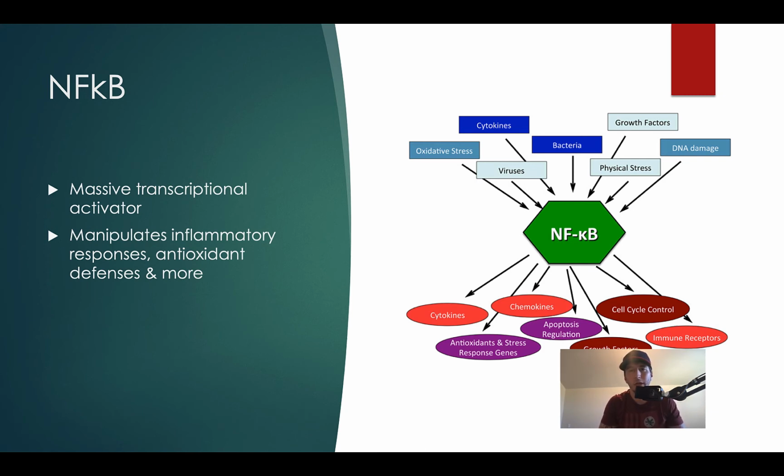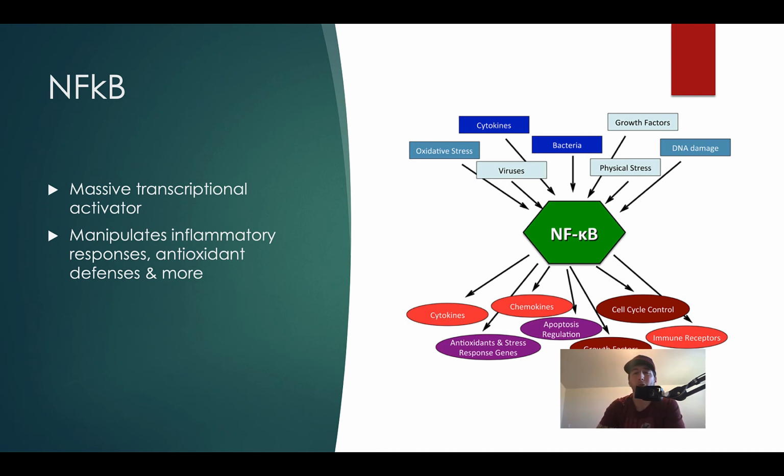This is going to be the mecca, right? So as you increase activation of NF-kappa B, as you increase the amount of NF-kappa B movement to the DNA, you're actually going to be increasing your defense. So you're going to be using your immune system to respond to this. You're going to increase anti-inflammatory responses, antioxidant defenses, all of that.